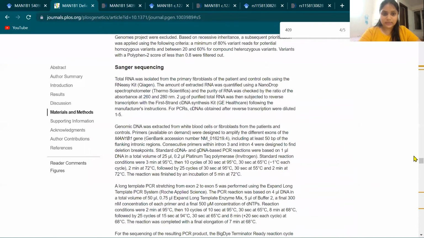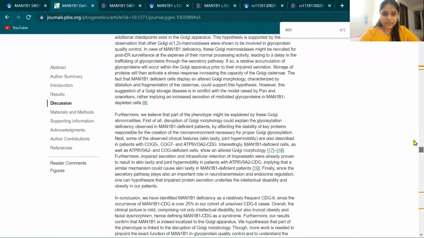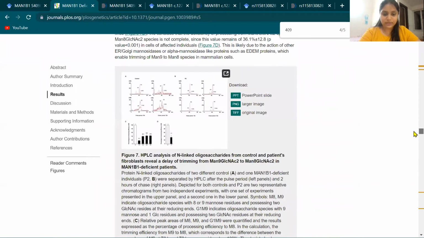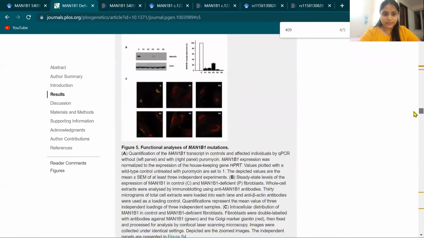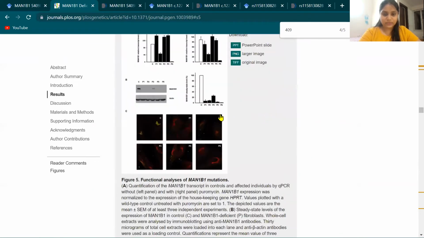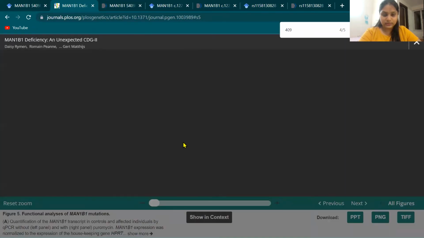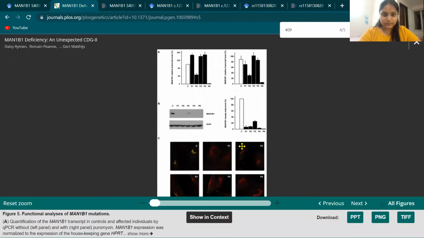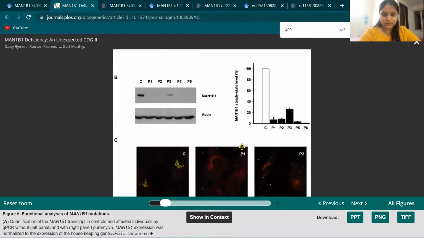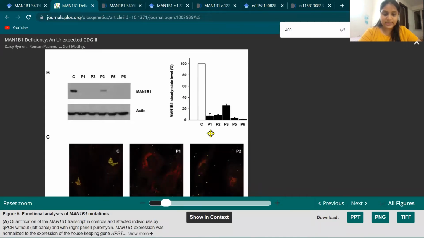Now let's search for other types of studies in figures that have been done for this variant. As you can see, the steady state level for MAN1B1 is very low in patient 1 and patient 2 compared to the controls.